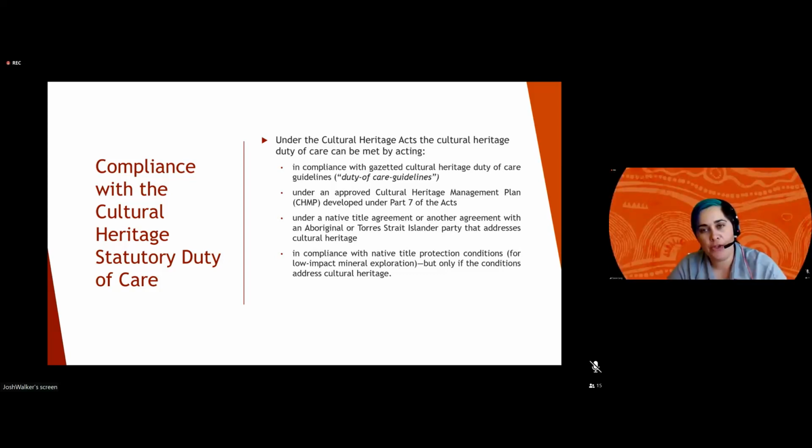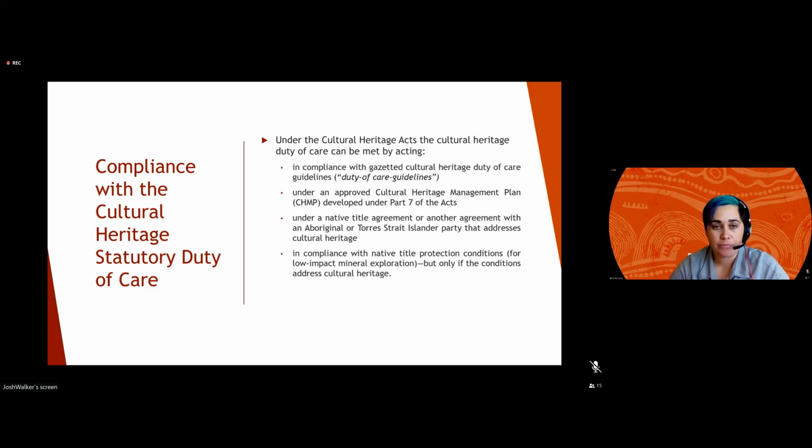The duty of care guidelines were gazetted to help land users understand their responsibilities, and that's also part of that process I explained, setting out a process where land users can still go ahead and use their land and do what they need to do, but also find a way that protects cultural heritage where possible.